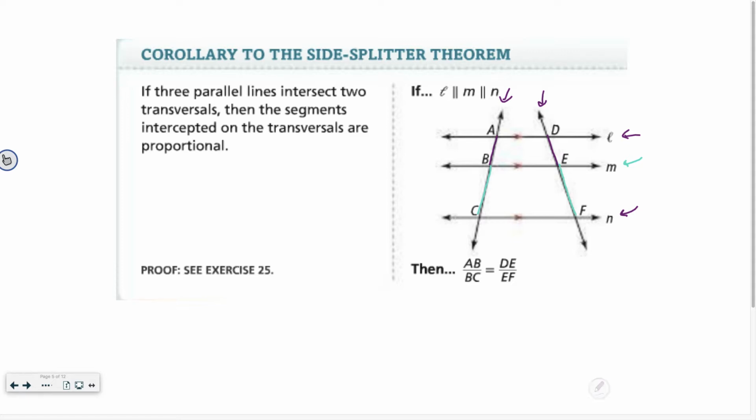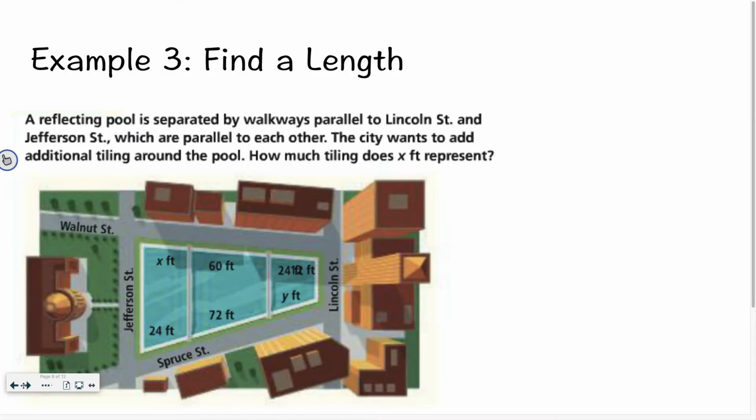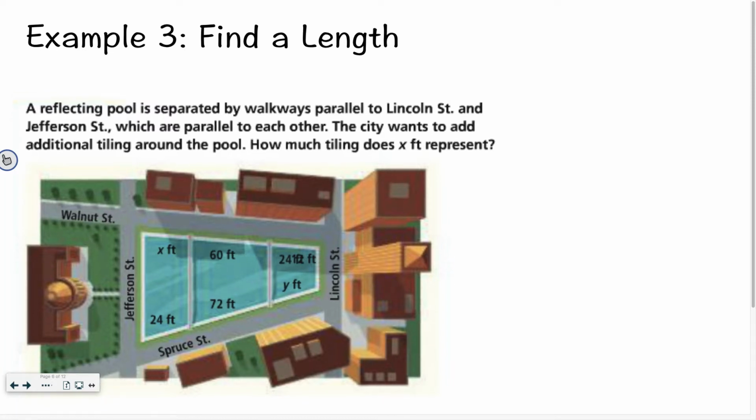Because since these lines are parallel, they should be the same distance along these transversals. So you're going to really want to try to ingrain this image in your mind on how to set up these proportions. And then we have a word problem where we want to find a length.